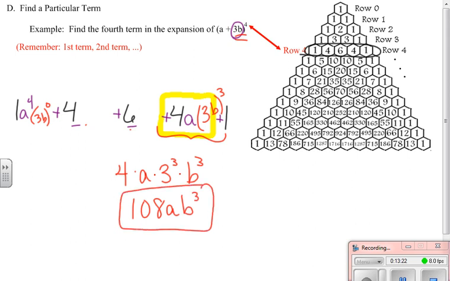So it's a nice little shortcut to finding your terms. Just remember A1, A2, A3, A4, A5, so that you know exactly which one you are after. And that is the end of this entire unit.